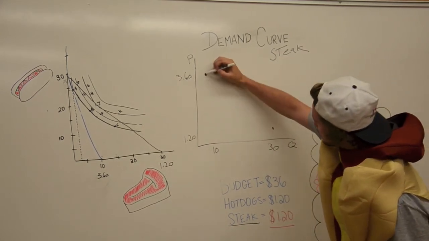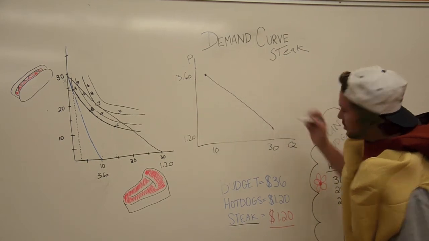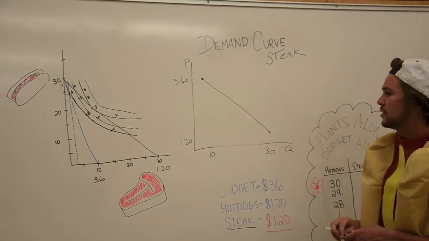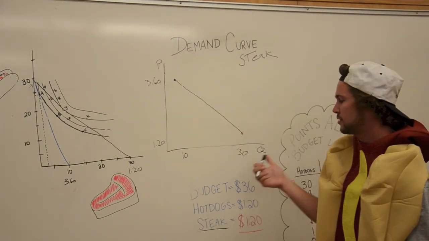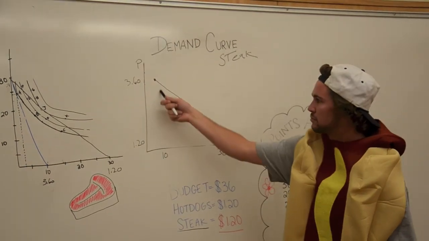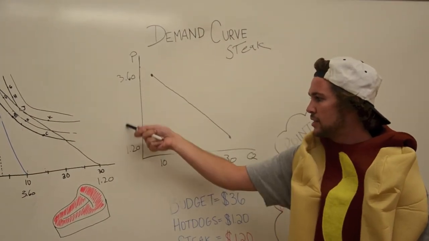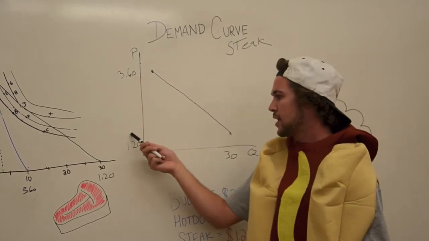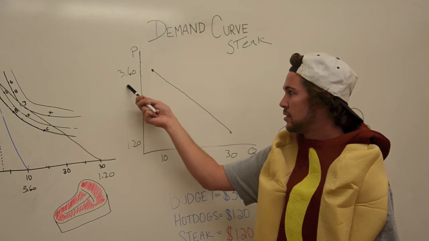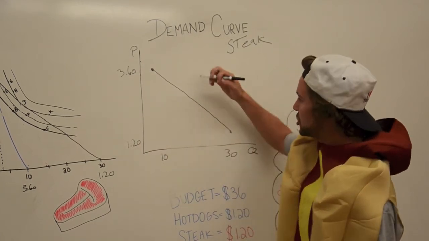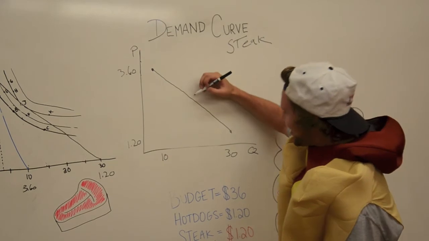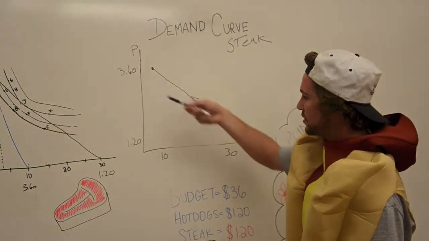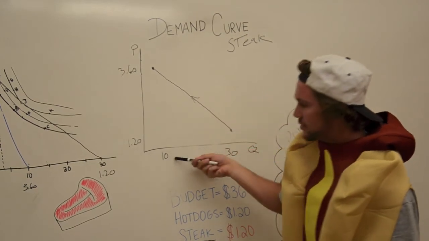Connecting these points shows that we have a negative slope, which is what a demand curve is. This shows the relationship between a change in price and a change in quantity. As the price increases, we have a movement along the demand curve, and we also have a decrease in quantity.